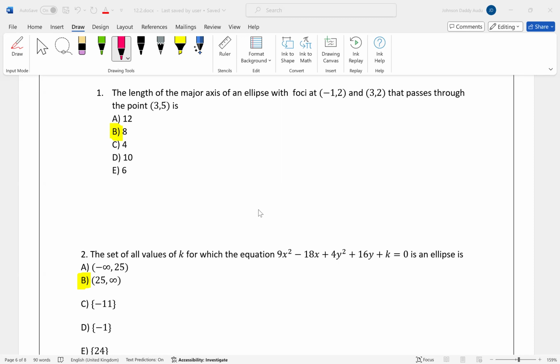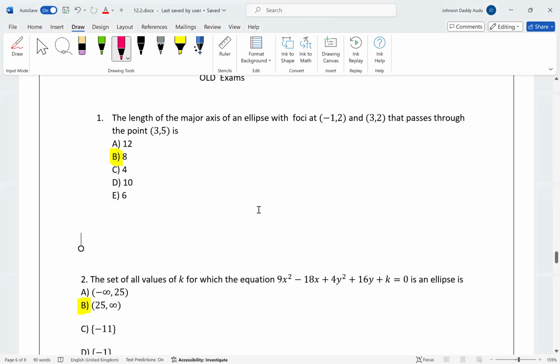Right, so in this video we'll solve some old exam questions. Question number one: find the length of the major axis of an ellipse. This is the foci, and the ellipse passes through this point. Here we see that this is the foci, so this is fixed.